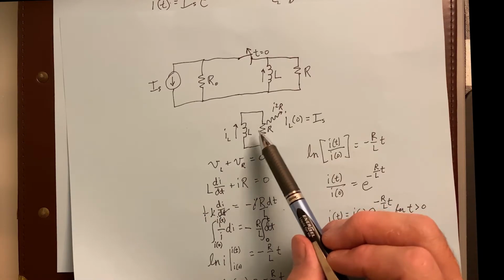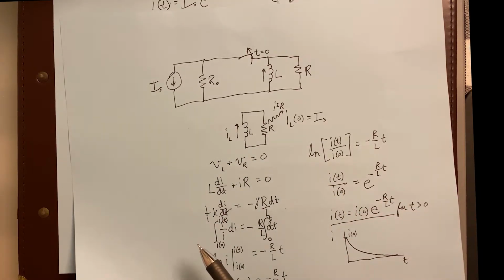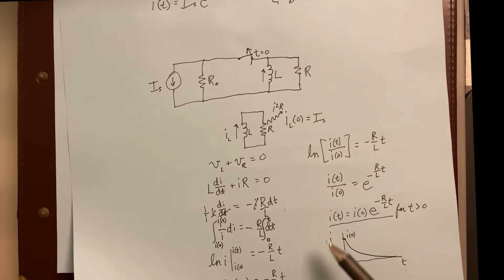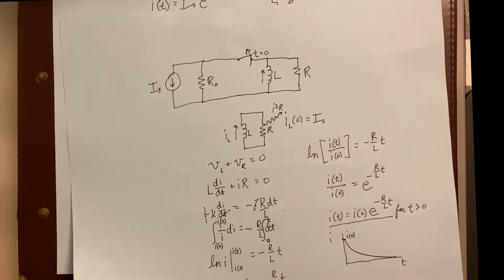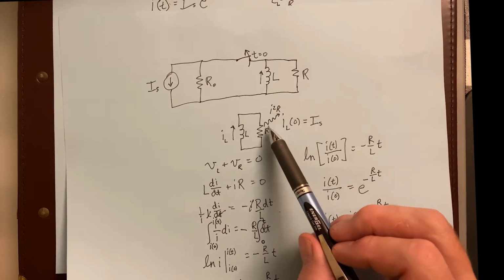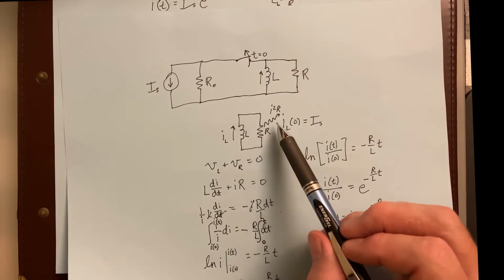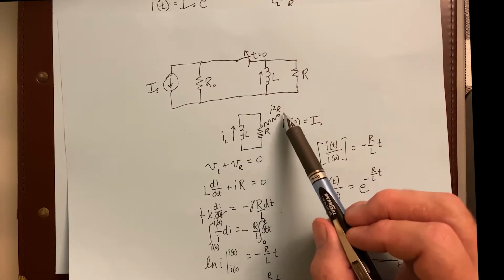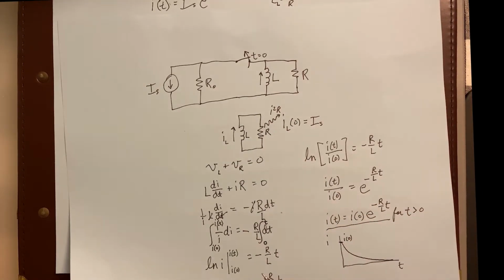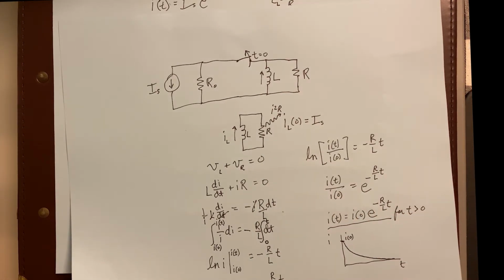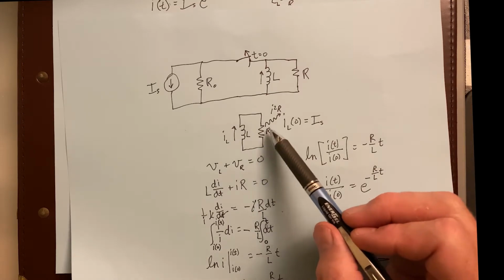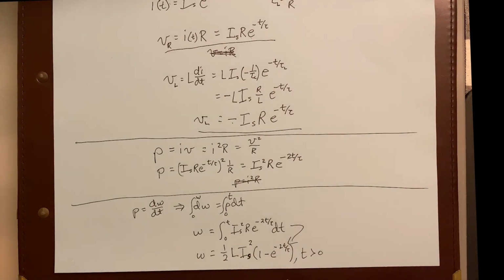And over the entire amount of time, from 0 to whatever arbitrary time t, you can see that it's dissipating away that energy. So the resistor dissipates away energy at the same rate that it is supplied. If that were not the case, the resistor would either explode or not do anything.